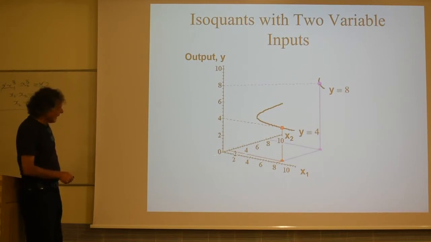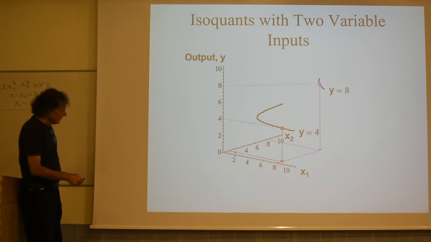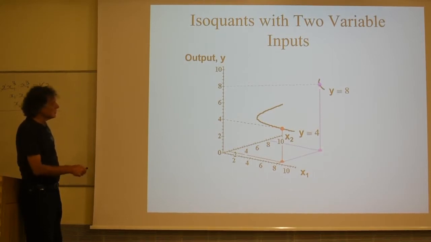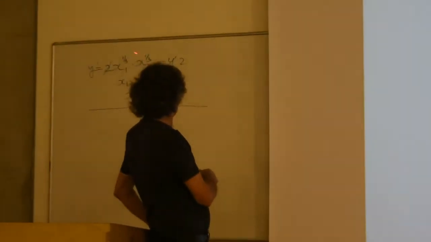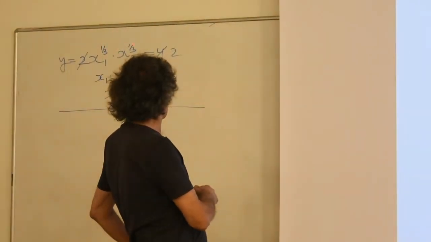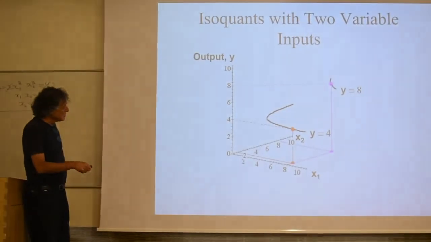If I go x1 equals 8 units, x2 equals 8 units, this is the point 8, 8. How much can I produce? I can produce 8 units, okay? If I put here x1, 8 and 8 to the power 1/3 is 2, 2 and again 2, you get 8 units. So I'm getting that much.